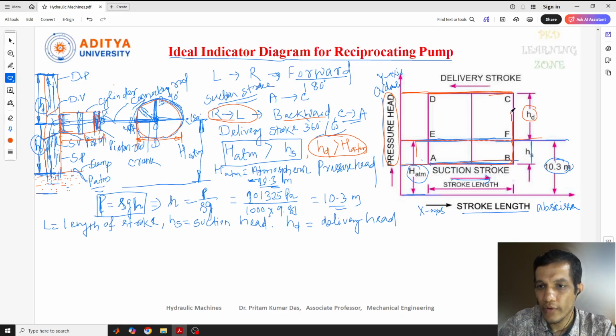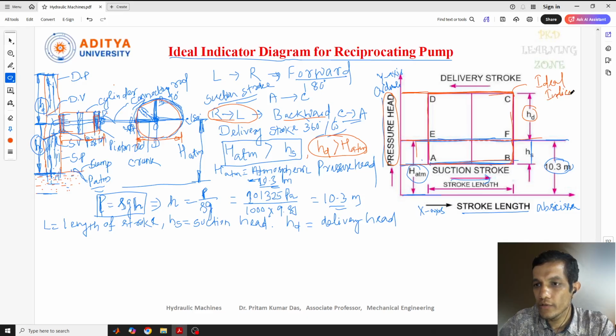Then B to F, F to C, then C to D, D to E, E to F. This closed line is nothing but our ideal indicator diagram.